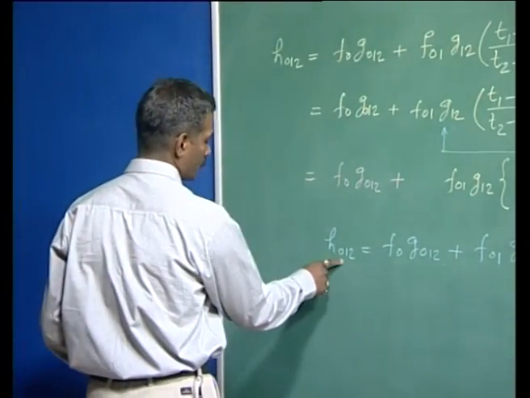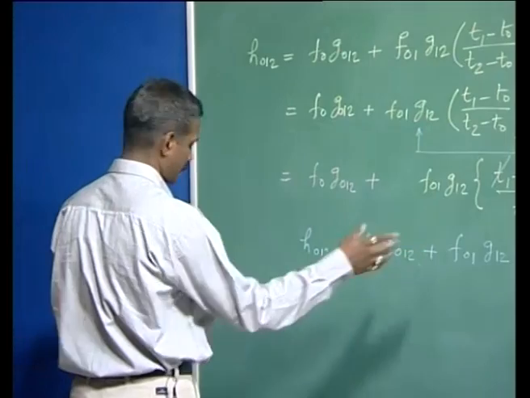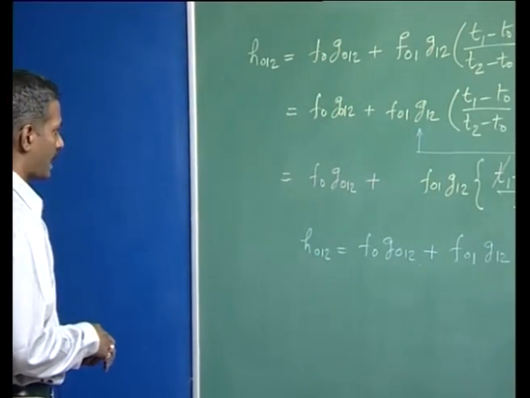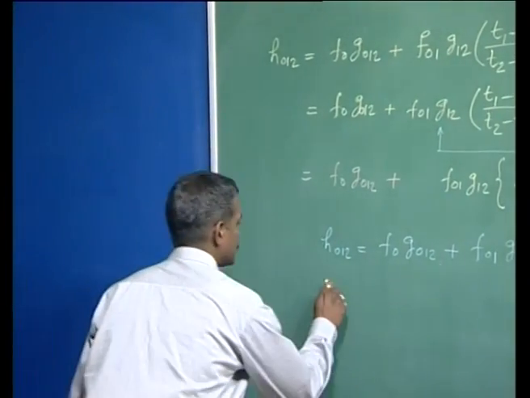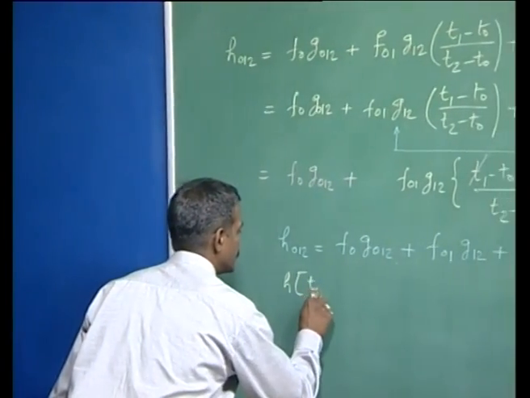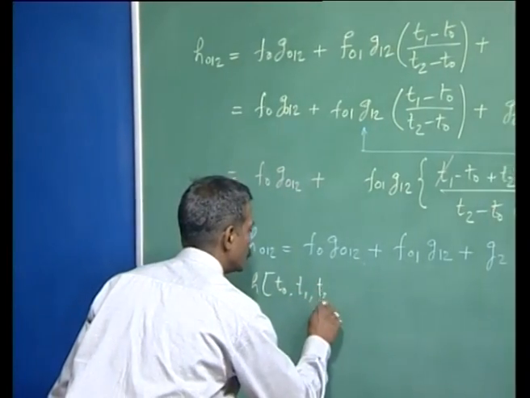So if I let go of the shorthand notation and expand this using the convention that we have followed for the divided differences, this is H[T0 T1 T2].